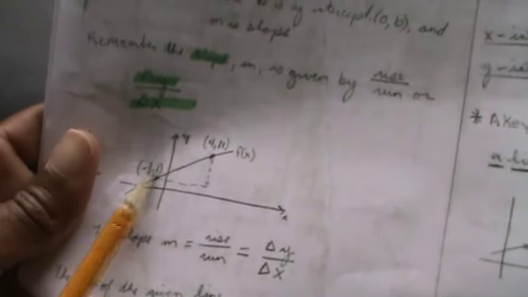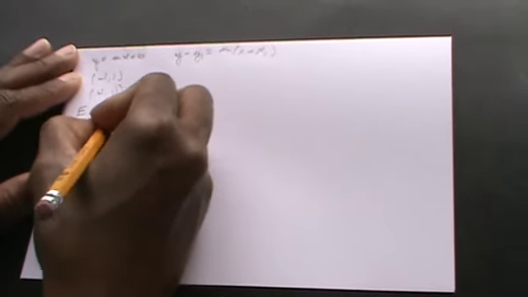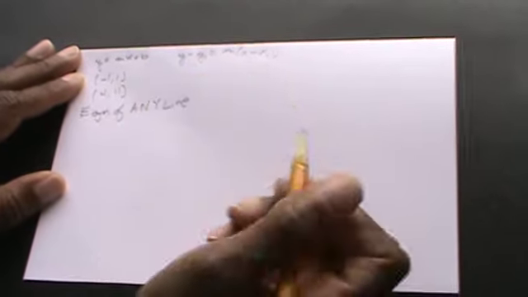I want to go over one problem to find the equation of a line where they're giving you 2 points, and this is directly from your notes, so I'll show that to you now. It's this problem right here where they give you the point -1, 1 and the point 4, 11. In order to find the equation of any line, and I do mean any line, you need 2 things.